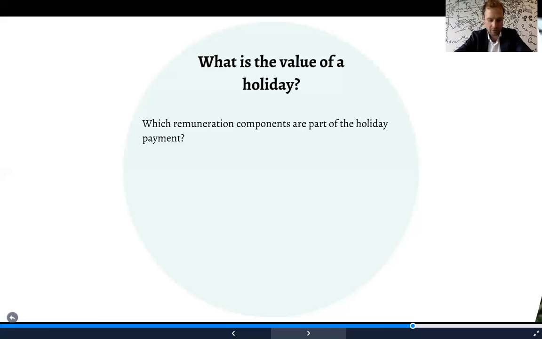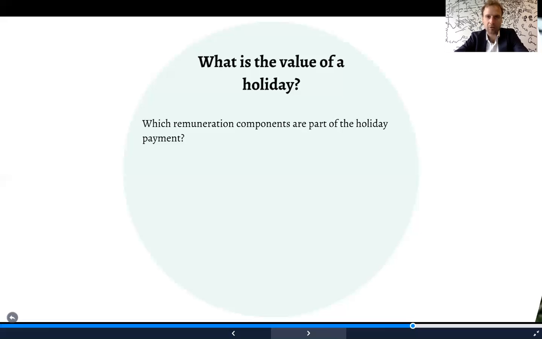Based on case law, I can talk for hours about the subject, but I will summarize it. It's safe to say that holiday pay for one single vacation day is the basic salary plus holiday allowance, a 13th month, a fixed end of the year bonus, a profit sharing, a regular bonus, commissions, and personal allowances such as an evening, weekend, or night allowance, which are, for instance, in healthcare, very common.